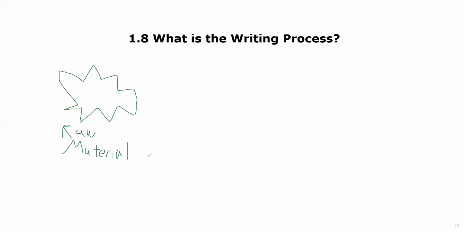Again, writing is communication. This is the process by which we retrieve information from within ourselves and then convey it to the outside world. So our raw material, as you can see, is not presentable yet. It's misshapen, perhaps even ugly, and it needs to be put through a forging process to be presentable.